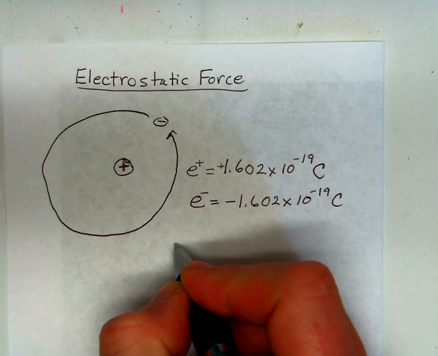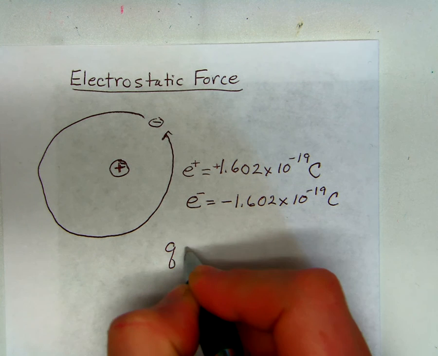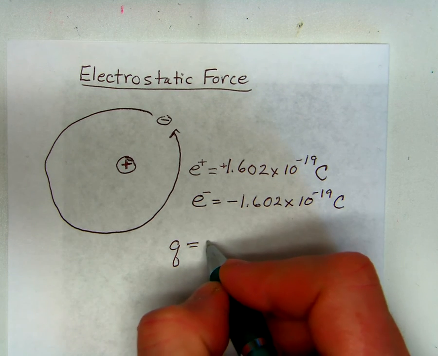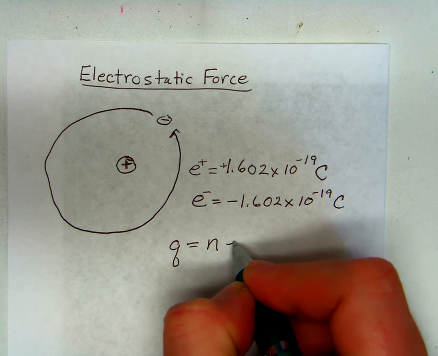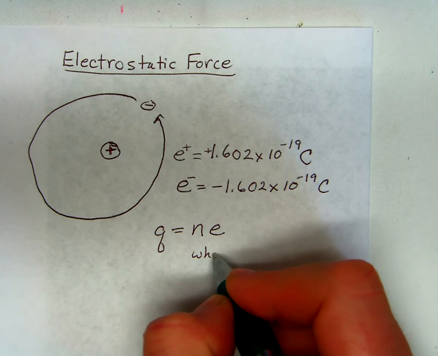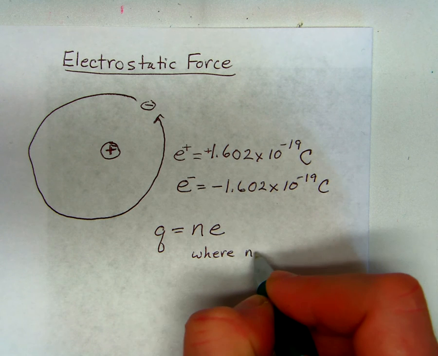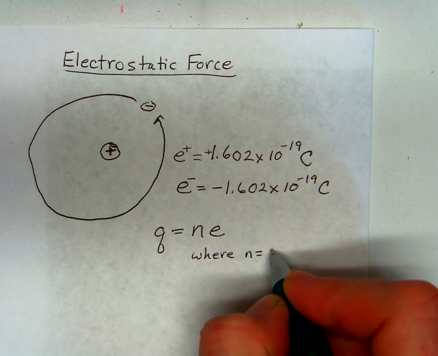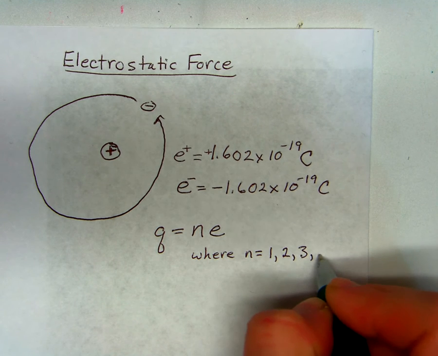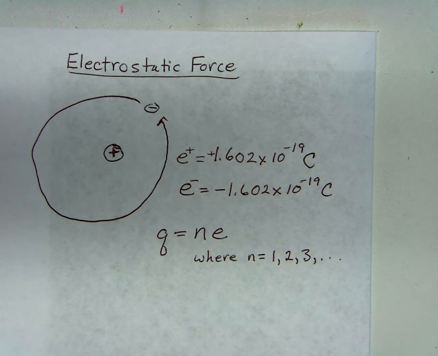So we're going to use Q for our charge on an object. Q is just N times e, where N is just some integer, 1, 2, 3, or so forth. And we can keep going up like that.